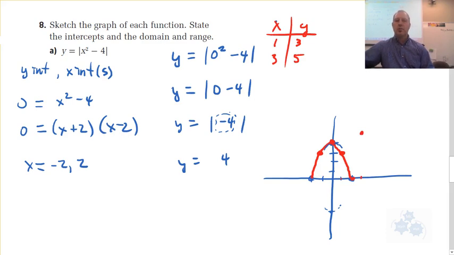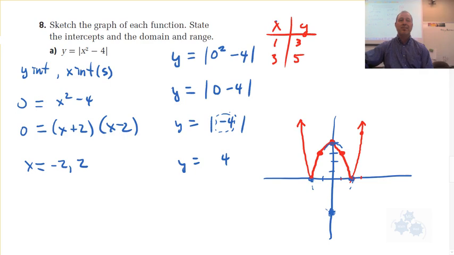So you just start putting your points together, and it looks like you have a graph that looks just like this. And that would make sense because the positive version, or the non-absolute value version, would have its y-intercept down here, right? And so on. So that looks reasonable. So that's how you might graph that.